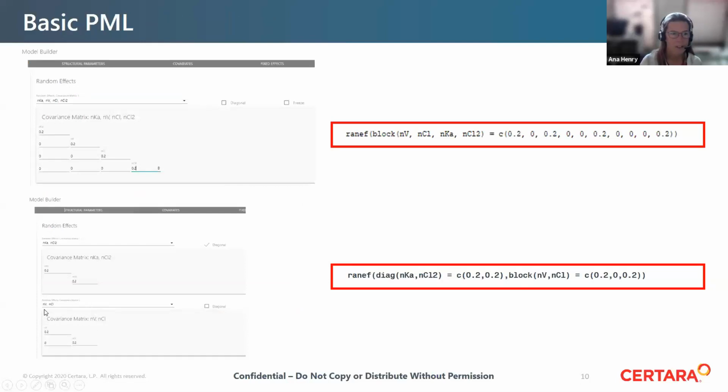But for the other ones, the V and CL, I wanted to have a full matrix, so I hadn't checked diagonal, and the code there will call it a block, NV and NCL with the initial conditions. So again, this is read 0.2 as my initial estimate, and then 0 for the correlation and 0.2 for the CL. So I hope that makes sense on how the code in PML is translated.